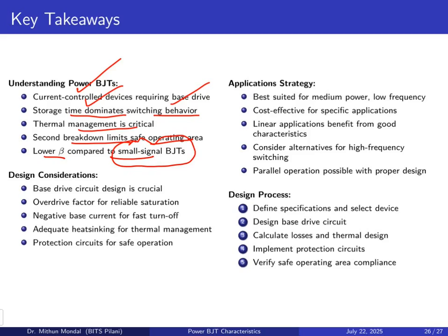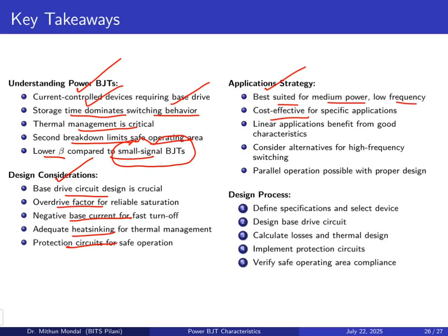We have discussed the design considerations: the base drive circuit is crucial, an overdrive factor for reliable saturation, negative base current for fast turn-off, adequate heat sinking for thermal management, and a protection circuit for safe operation. In applications, it is best suited for medium power and low frequency.